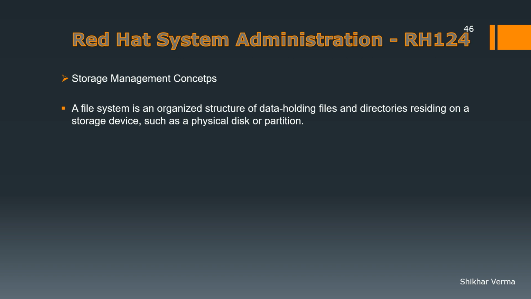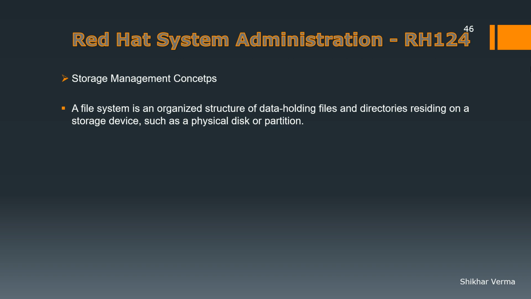Your hard drive can have various partitions which usually contain file systems like /home, /tmp, and /root. So these are the file systems that we have created on the system.